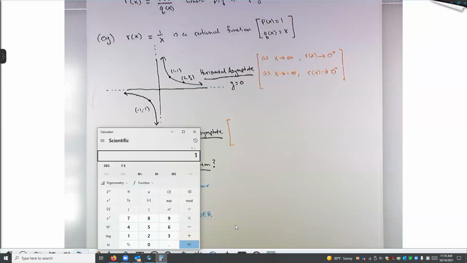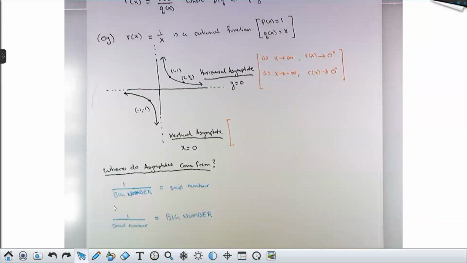Sorry, let me say that again. Take 1 and divide it by 0.01, I get 100. If I take 1 and divide it by 0.001, I get 1000. So if you divide the number 1 by a very, very small number, a number very close to 0, you will get a very, very big number. That's why we have a vertical asymptote here.